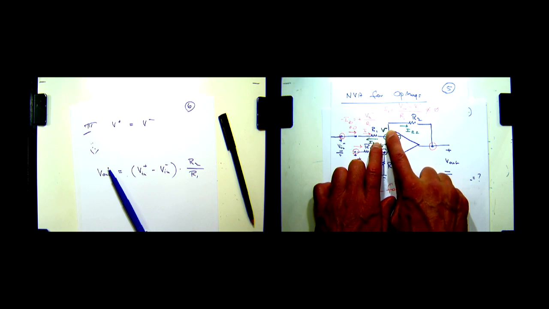The sum of all currents flowing out of a node must be equal to the sum of all currents flowing into the node.